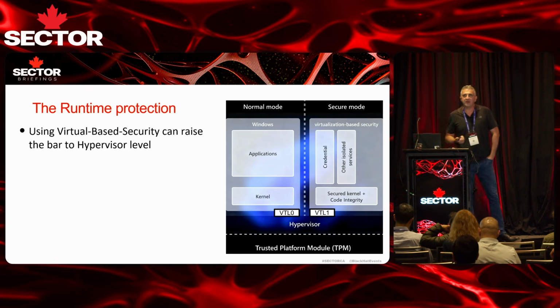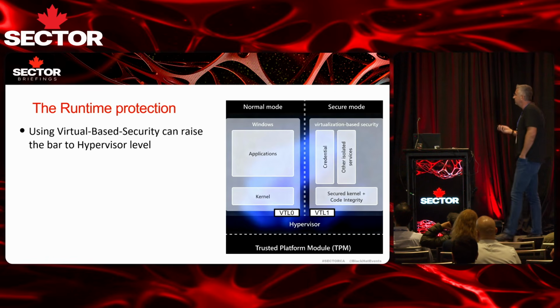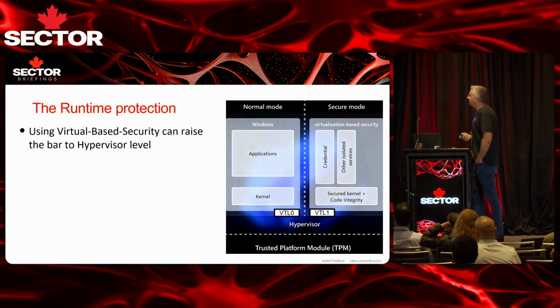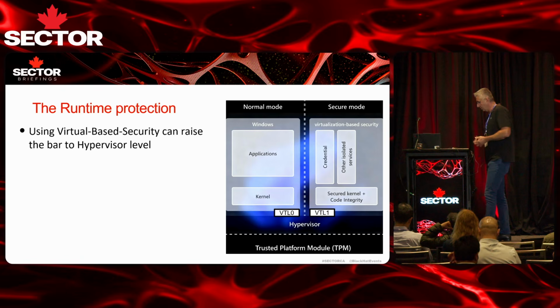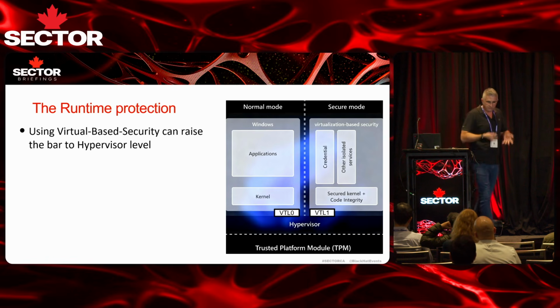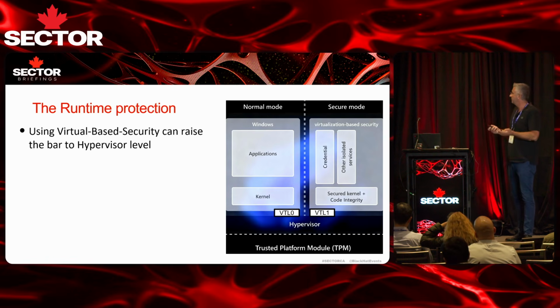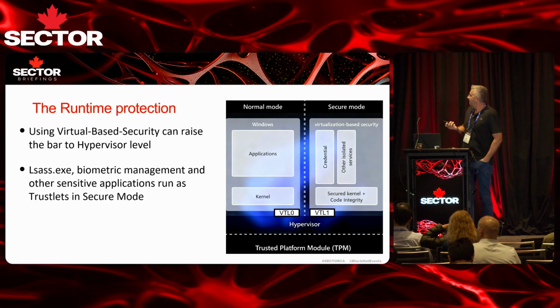VBS has been around since 2015, 2016, but initially it was used only for internal Windows stuff, such as biometrics or LSASS. And it was opened to first-party Windows developers, like different Microsoft teams that develop applications internally for Windows, and to external developers using the VBS enclaves.